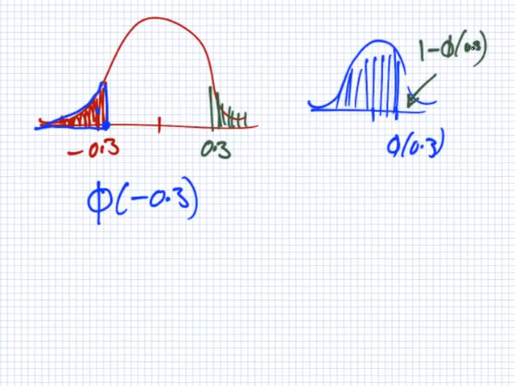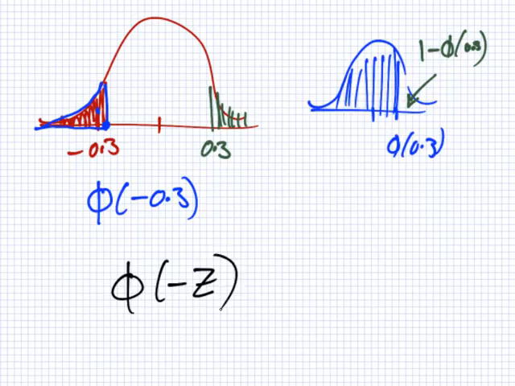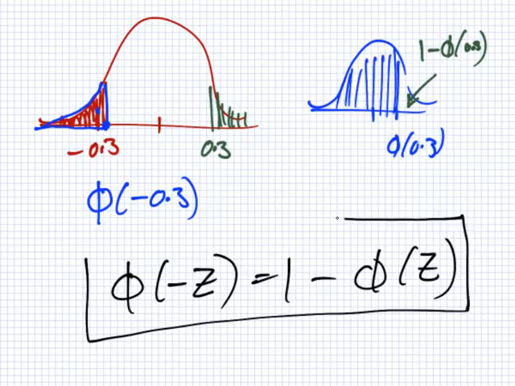So your 0.7 had the right idea, but not the right formula here. So in other words, we have this rather convenient result, that if you ever need to look up a negative value, it's just 1 minus looking up the positive value. So this is why there are no negative values in the table, because we can just look them up by making use of this property. So please note this rule or property.